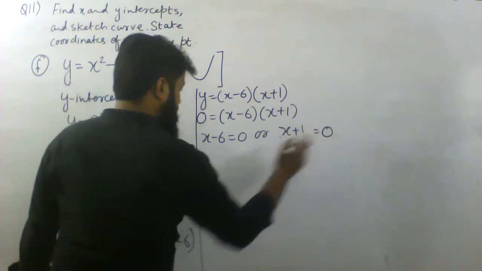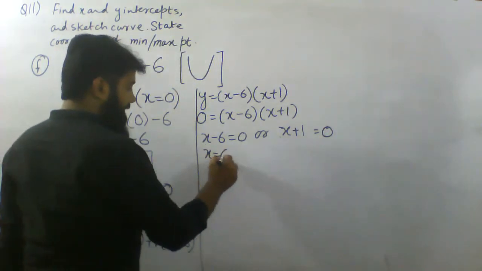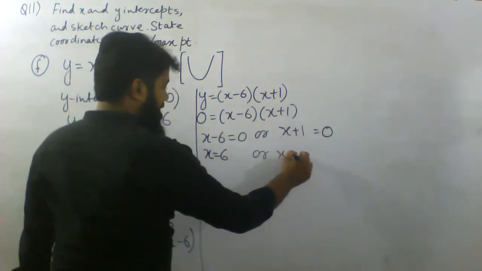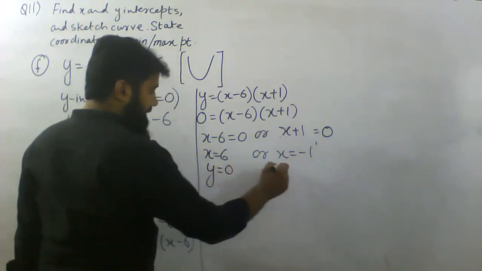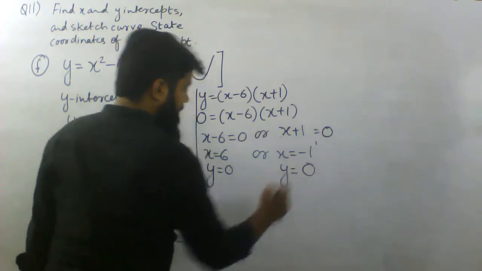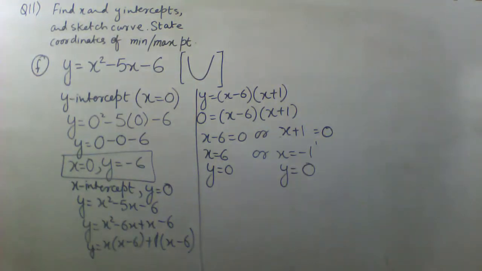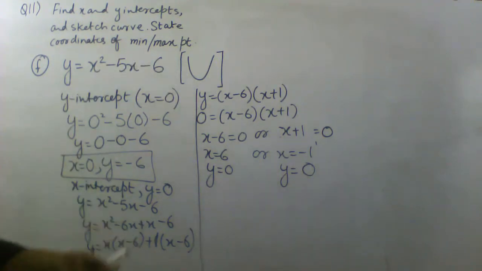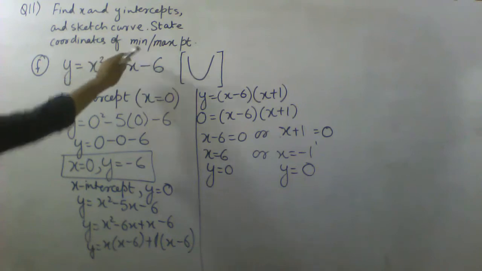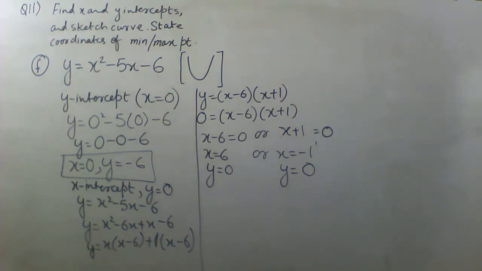So value of x is coming 6 or value of x is coming minus 1 when y was plotted as 0. Now I'm plotting my curve first and then I will be putting the coordinates. I will be finding the coordinate of minimum or maximum point.